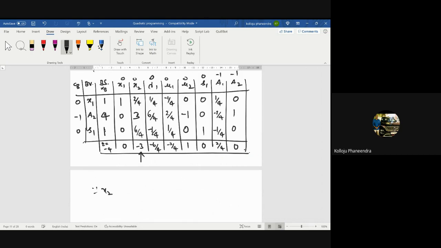Since x2 having most negative net evaluation, it enters the table as basic variable.